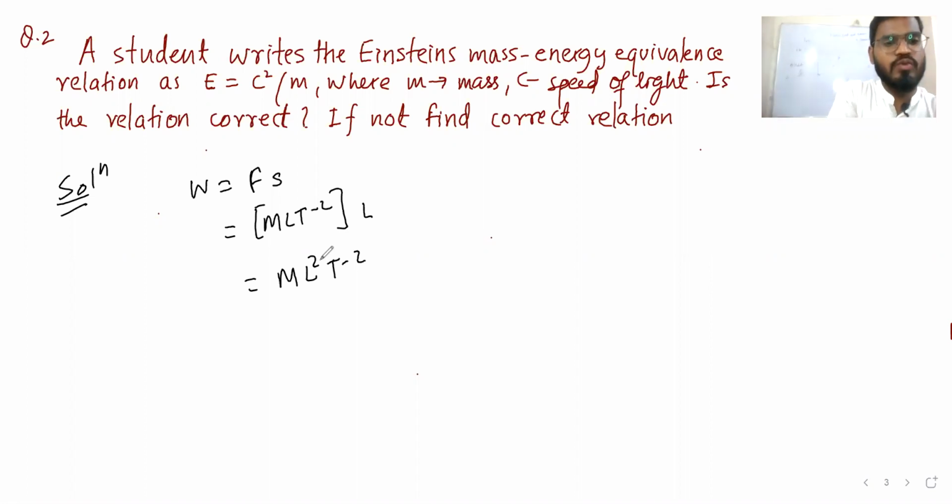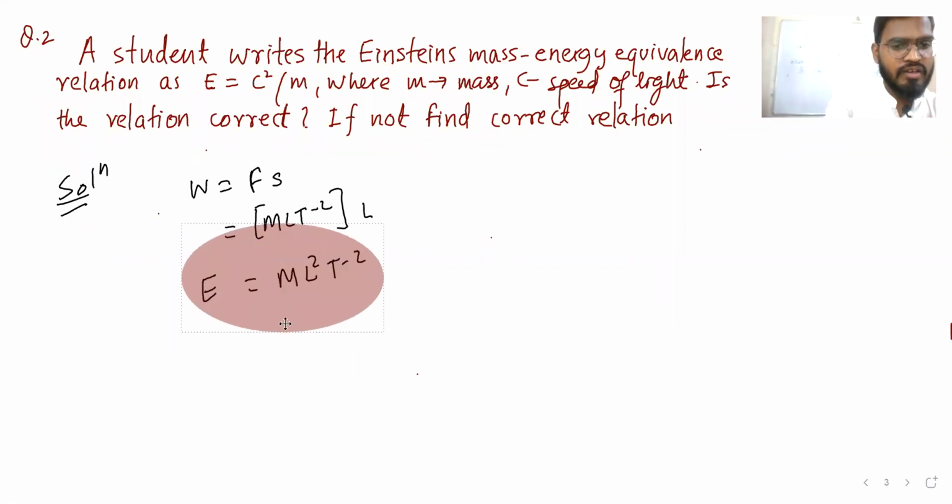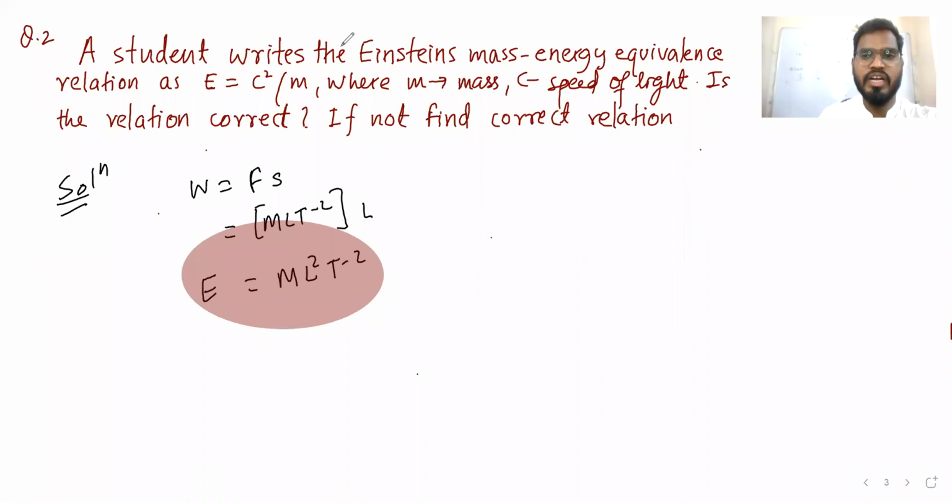So now we got energy, right? Energy is this. C is what? C is speed of light. Right? C is speed of light.